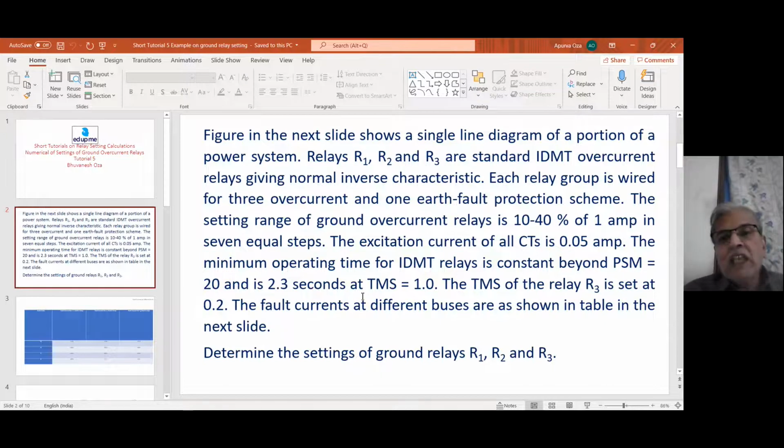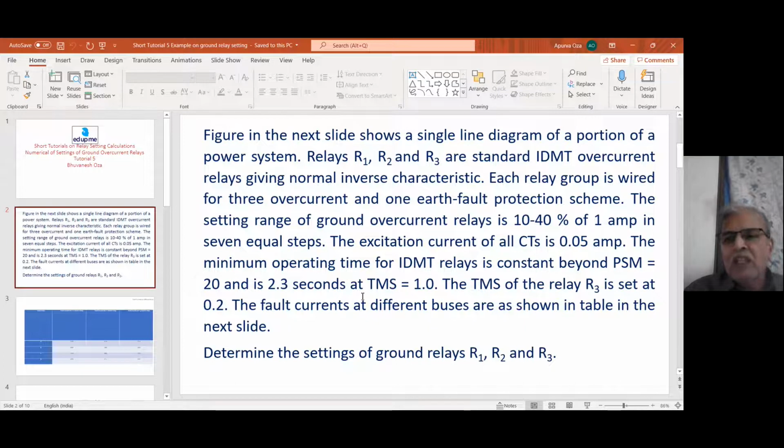So finally, how the earth fault protection is done and how to decide the setting for perfect protection in case of LG or double line to ground fault. The setting range of ground overcurrent relays we are assuming in this example is 10 to 40% in 7 equal steps, that is 10, 15, 20, 25, 30, 35 and 40.